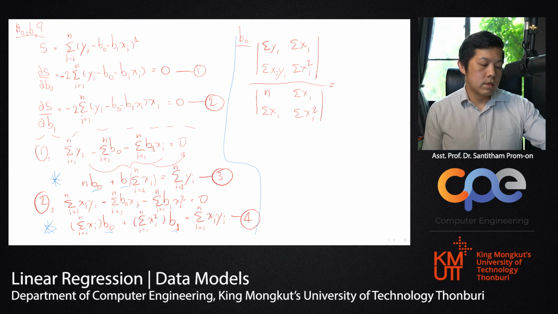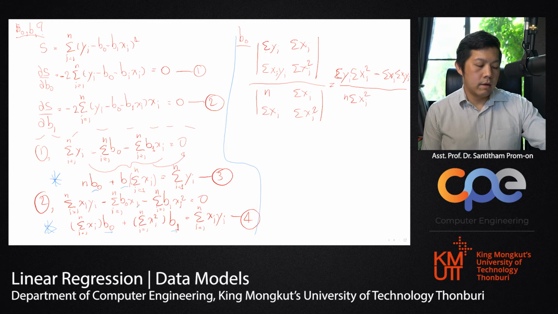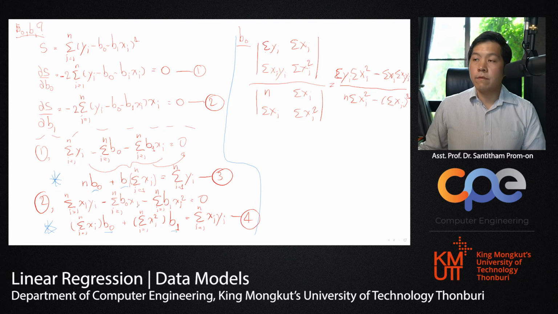Multiplying it out, you get sigma of yi times sigma of xi square, minus sigma of xi times sigma of xi yi, divided by n sigma xi square minus sigma xi, squared. This is the equation to estimate the value of b0.